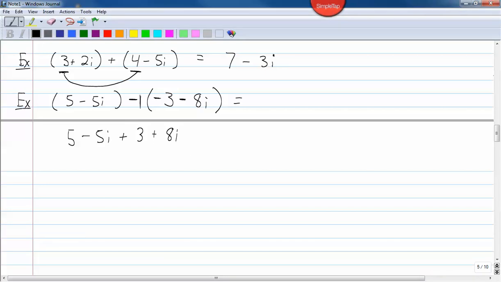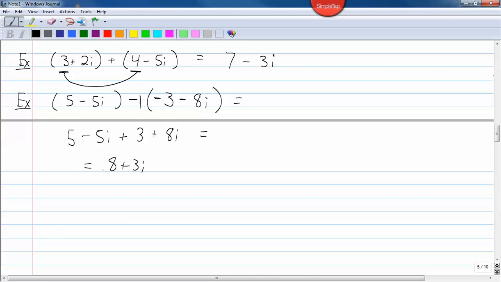Now that I've distributed my negative, now I can combine like terms. So I have a positive 5 and a positive 3. That's going to give me 8. And I have a negative 5i and a positive 8i. That's going to give me plus 3i.